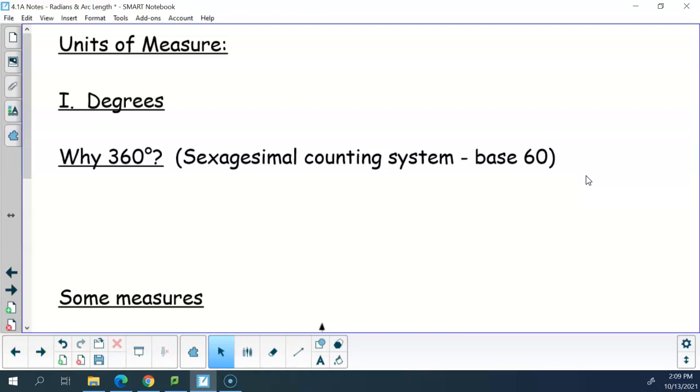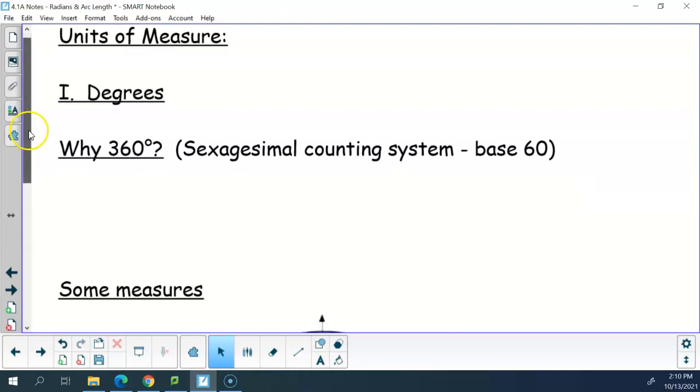The short answer is 360 is one of those nice numbers that a lot of numbers go into. 2, 3, 4, 5, 6, 8, 9, 10, 12, 15, 18. A lot of numbers go into it. So that means we can divide it up into a lot of equal, even, nice parts. Okay?